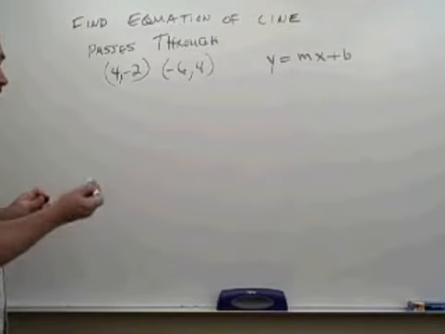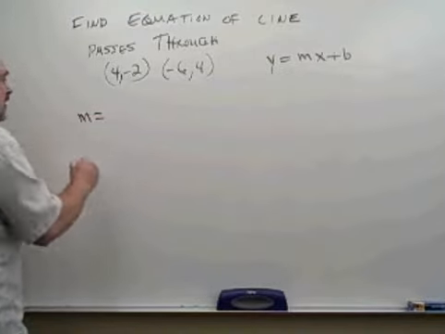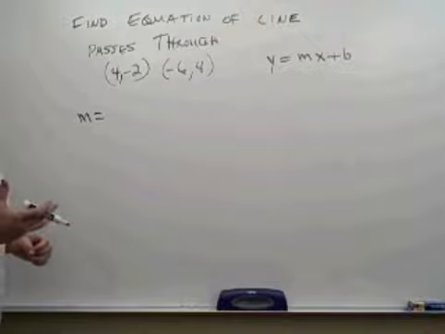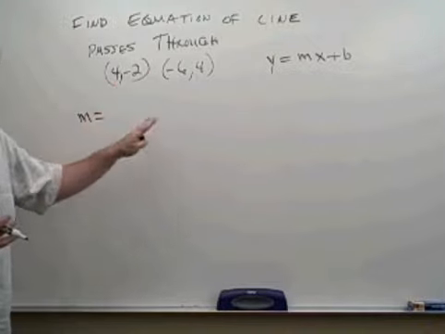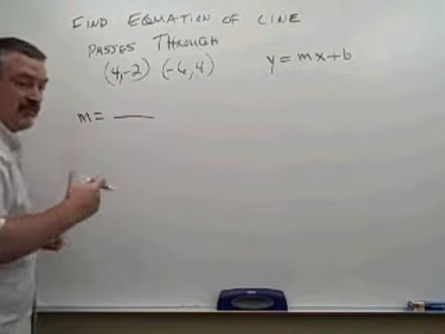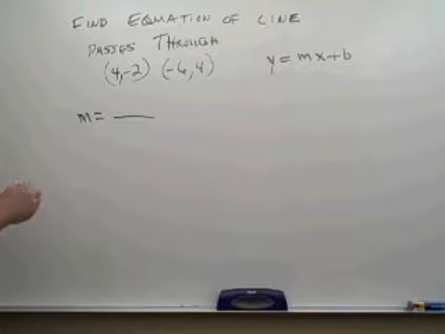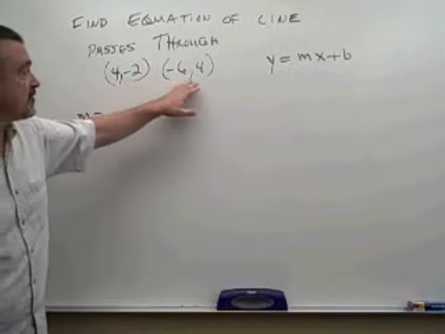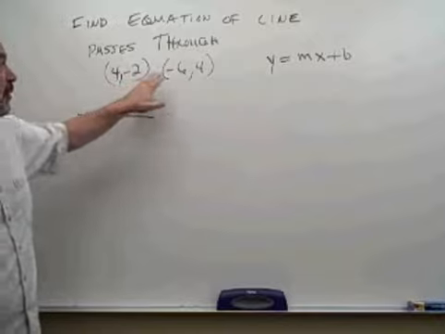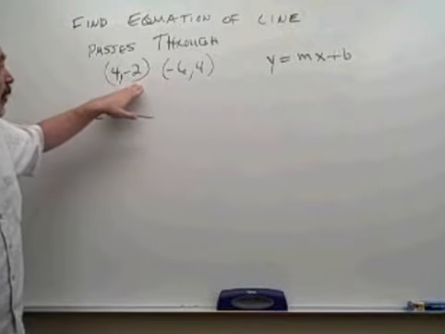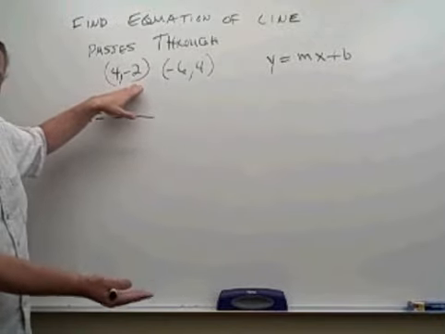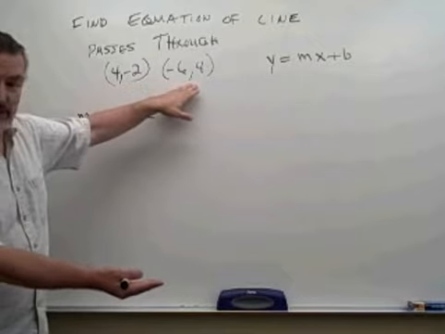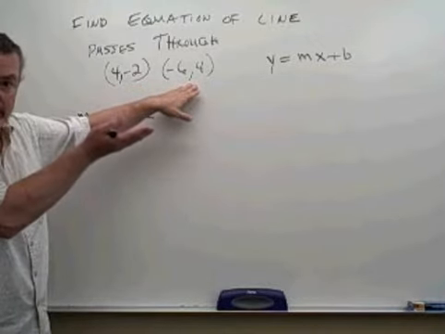Remember, slope, m, is equal to the change of y between the 2 points divided by the change of x between the 2 points. So if we think about these 2 points going from this point to this point, the y value here is down at -2. The y value here is up at +4.